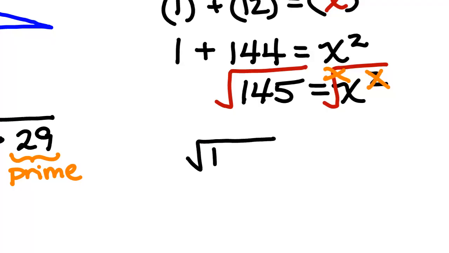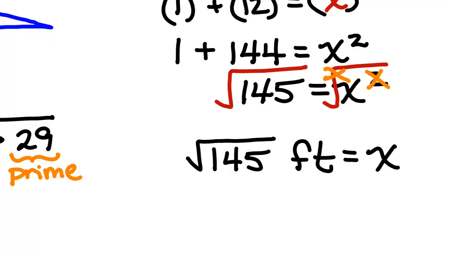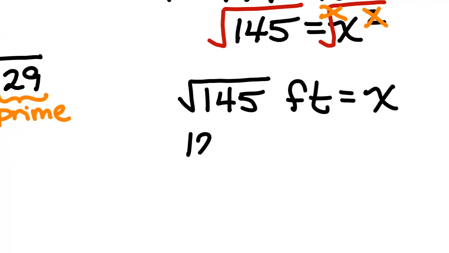So square root of 145 feet equals x. Or I can put that into my calculator, which I would like for you guys to do, and tell me what that is in its decimal approximation. 12.0 what? 4, give me one more.